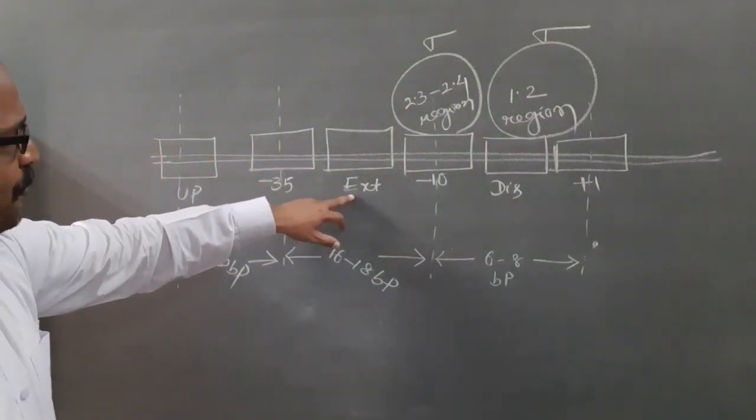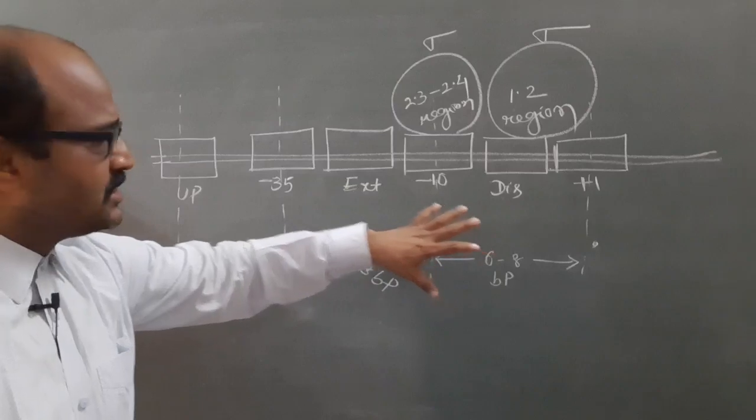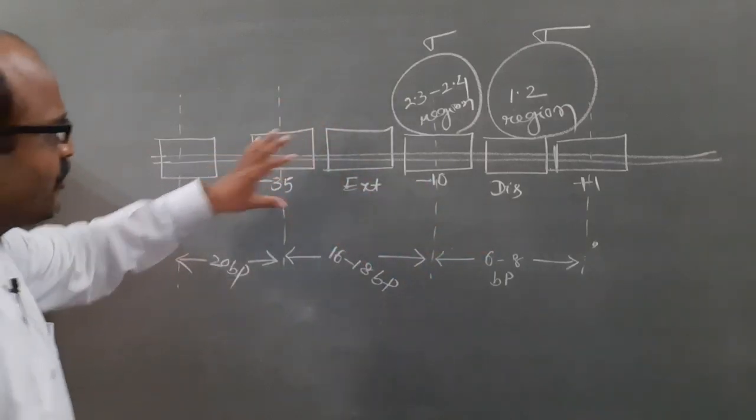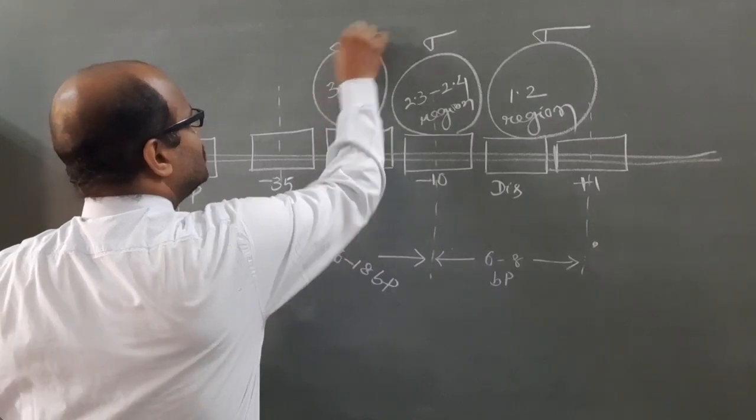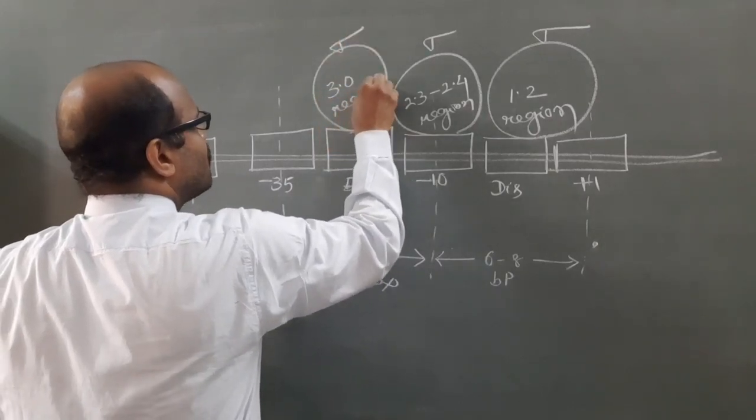And the extension region of the promoter interacts with the 3.0 region of the sigma factor.